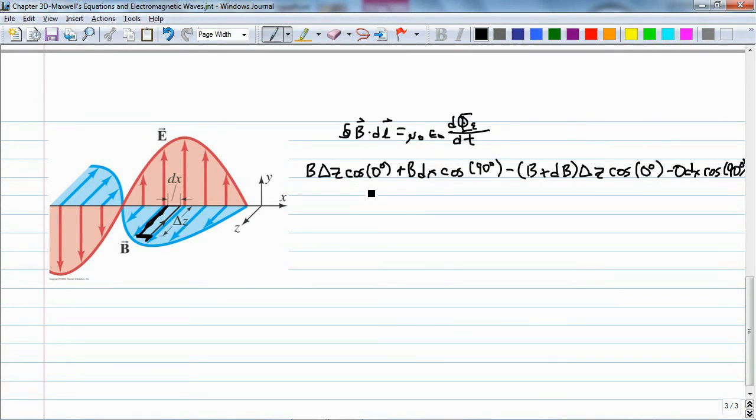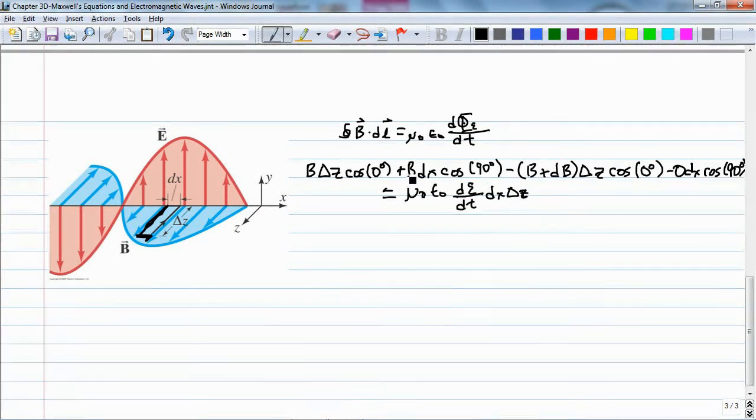And that's going to equal, and I'm going to convert this into mu naught epsilon naught d electric field dt, and then I'm going to have dx delta z.